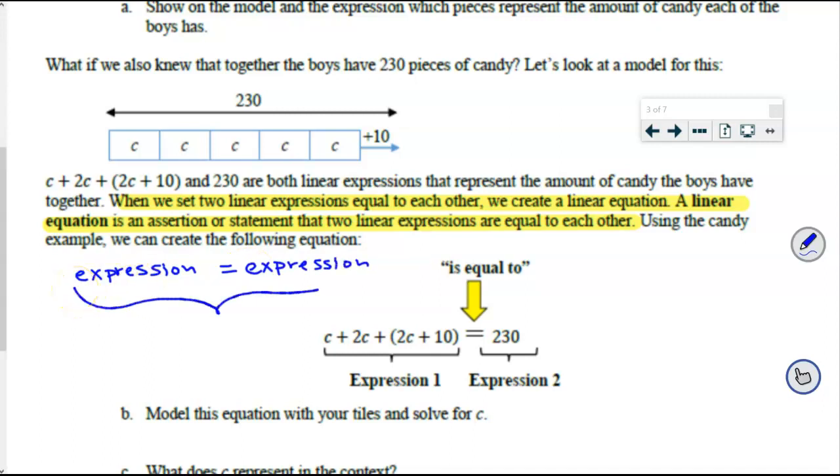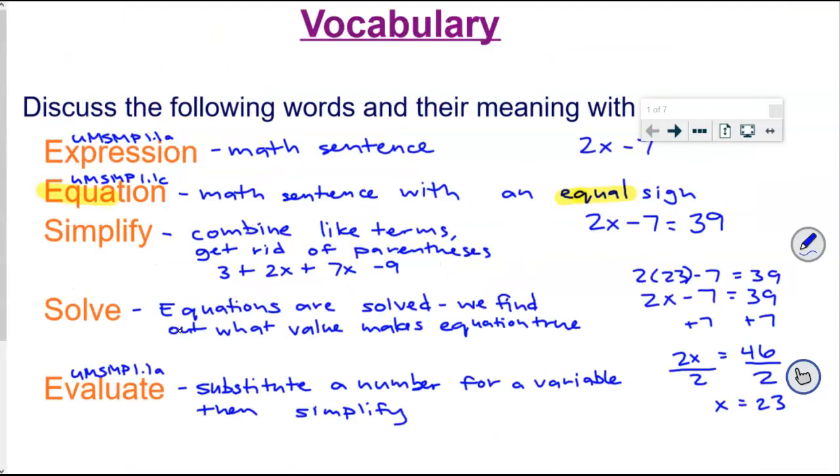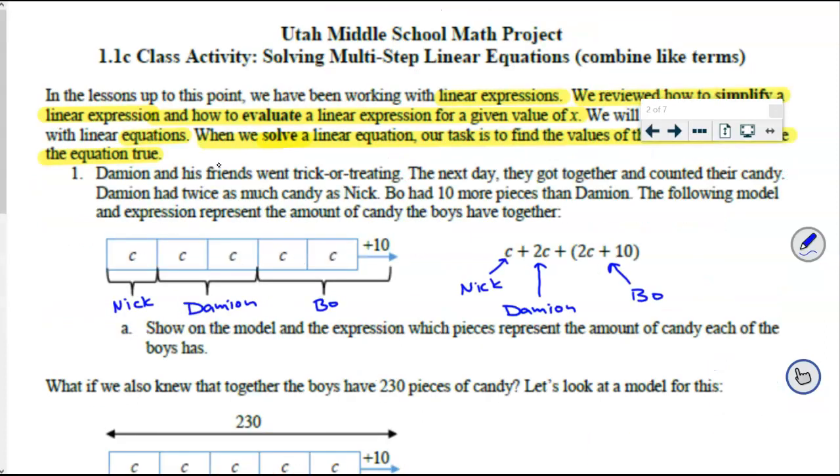When I have an expression equal to another expression, that is called an equation. Going back to the beginning, you can see how I tried hinting at that. An expression is just a math sentence. An equation is a math sentence with an equal sign. So it's a math sentence equal to another math sentence.